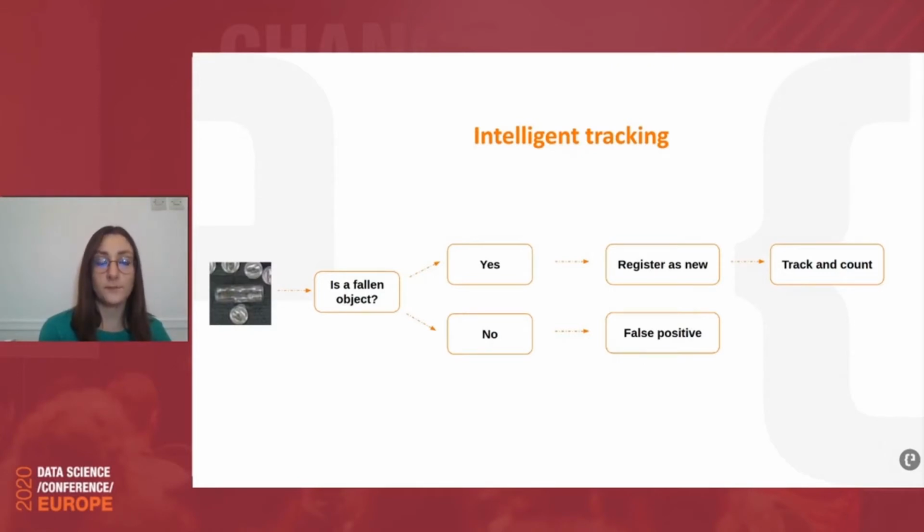If our model says yes, then we register it as new, and then we continue to tracking and counting. But if our model says no, it is not a falling object, then we consider it to be a false positive and we carry on without registering, tracking, and counting.